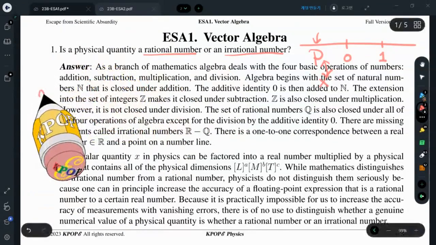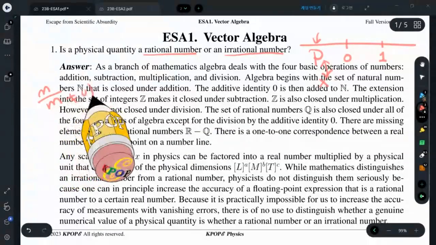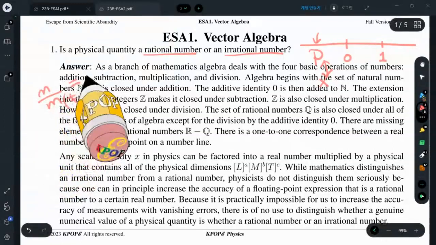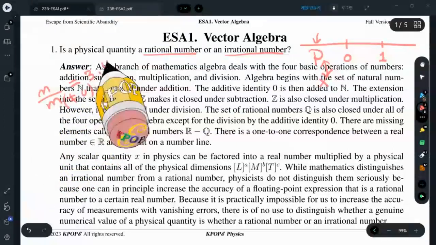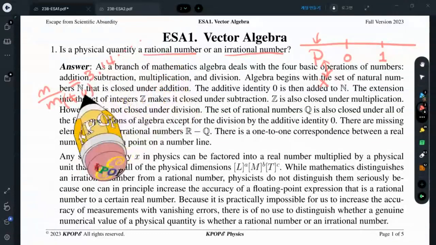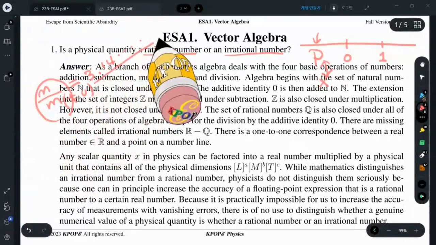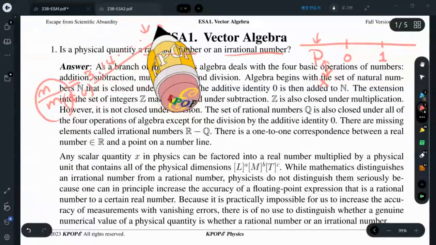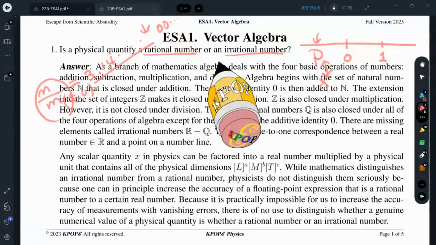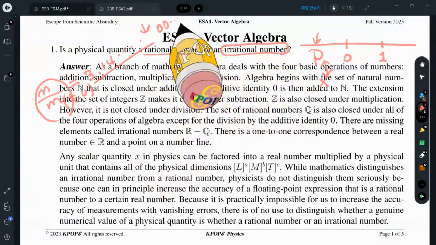Any integer divided by another integer that is non-zero can be expressed, for example, as a floating point, but always this floating point expression terminates at some point, and after that, everything is a 0. However, irrational number is not the case. It does not terminate.